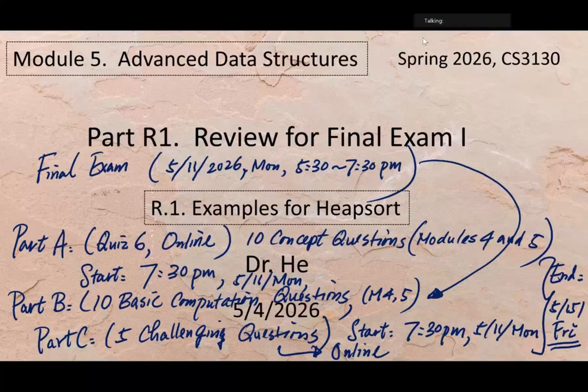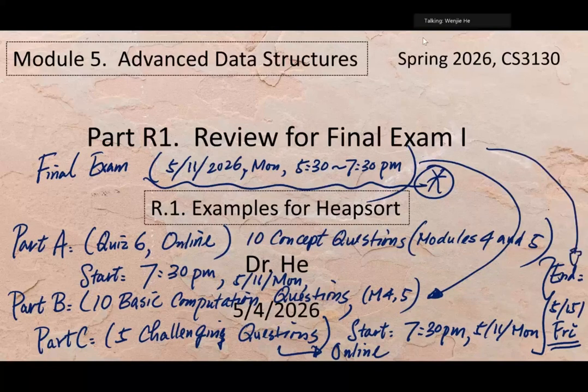For online students, I will make the 3 assignments available at the same time, with the same starting time and the same end time. That's our plan.